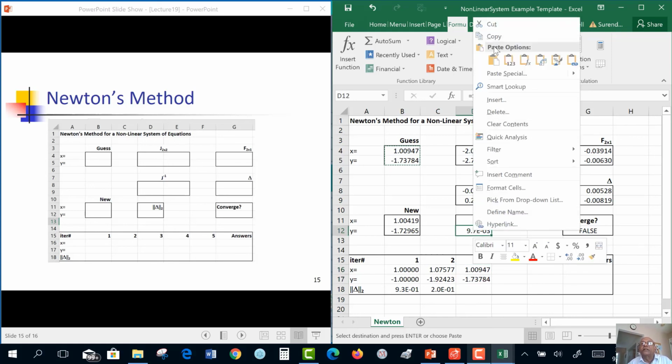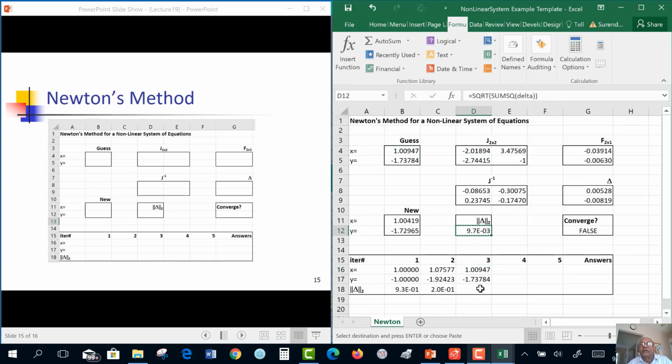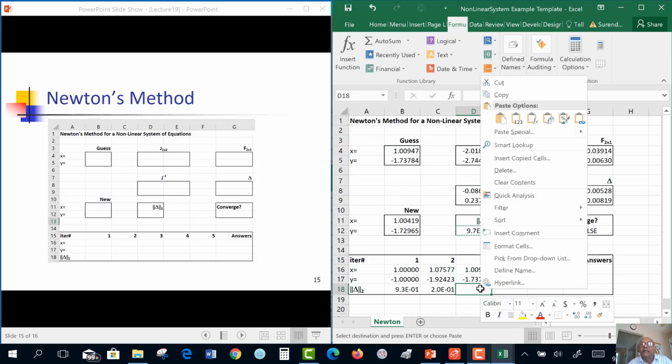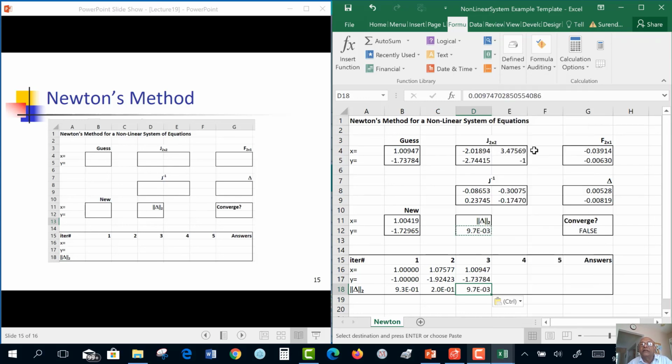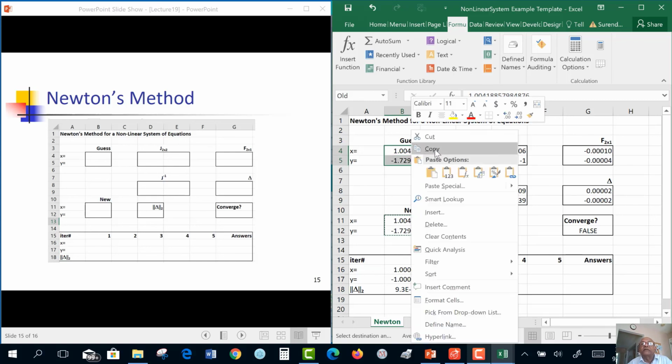And also notice that this vector norm delta is decreasing quite rapidly, you can see, by factors of 10 or 100. So now we are going to take this, copy, paste here, and now we are to 10 to the negative 5.